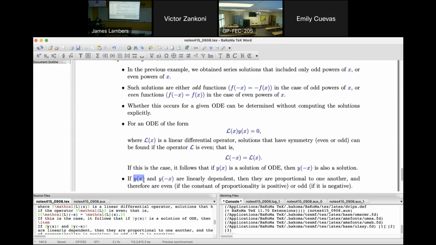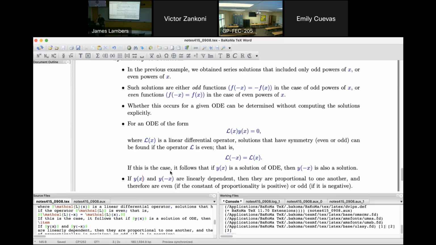So let's suppose you find a solution y of x. And then you go ahead and replace x with minus x and see what you get. Now, one thing that can happen is they might be linearly dependent. They might be scalar multiples of each other. And in that case, if one's a scalar multiple of the other, and the constant of proportionality is positive, it's an even function.